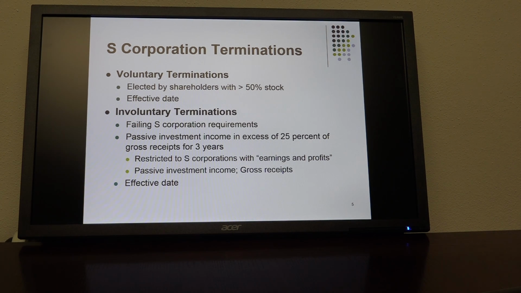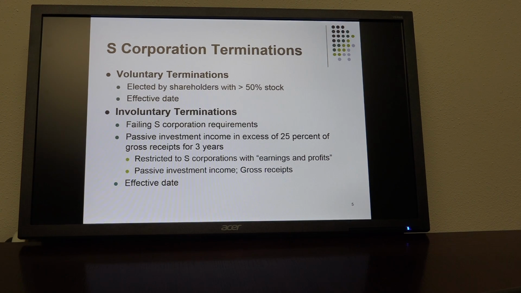Well, you don't have that for S corps. For the most part, S corps must file calendar year tax returns unless they can prove to the IRS and get their permission that another tax year end would be more sufficient. And there's some other different rules that we'll talk about here in a minute.